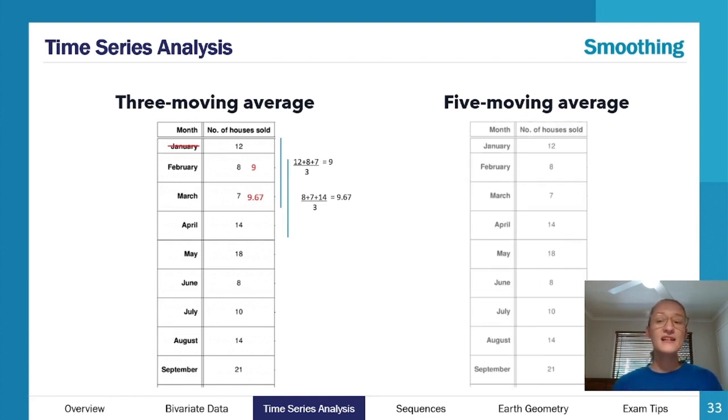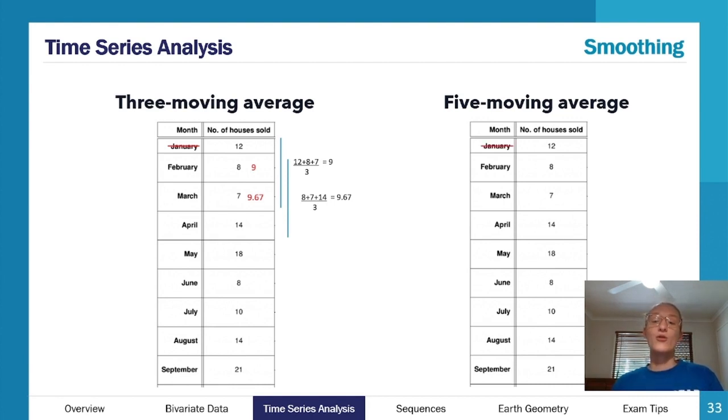Very, very similar process with our 5-moving average. Same thing, except we're using 5 points. So we're taking the point of interest, and the 2 points prior and the 2 points following. So we're using 5 points.